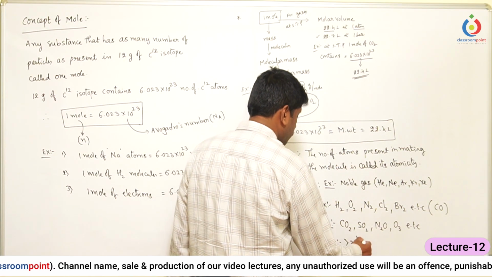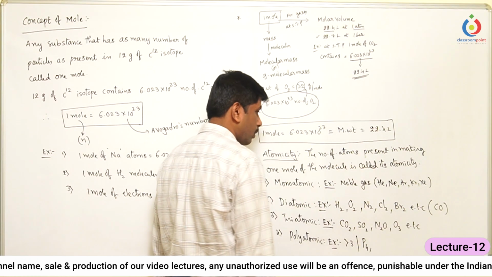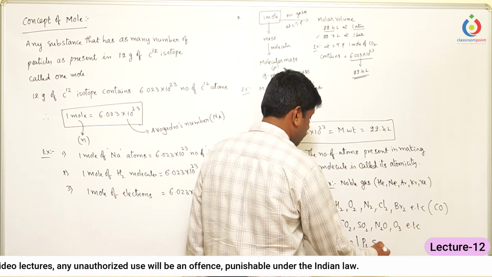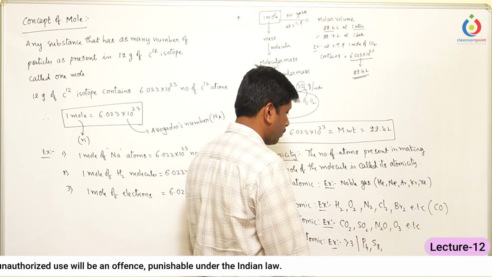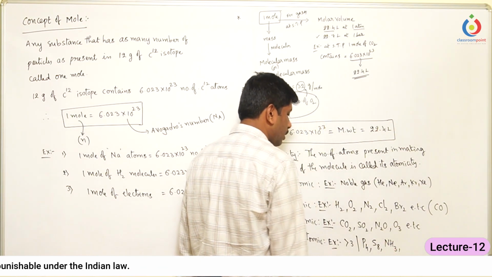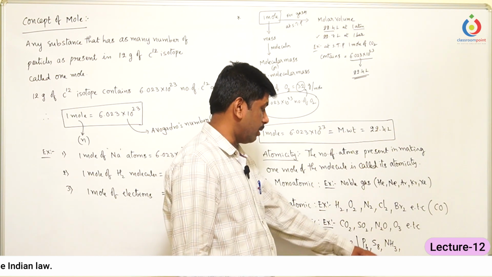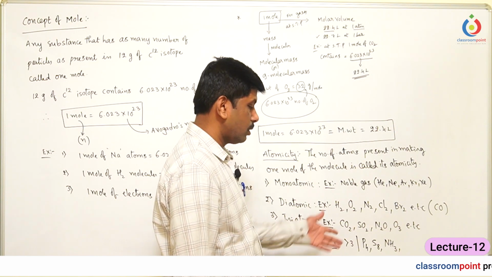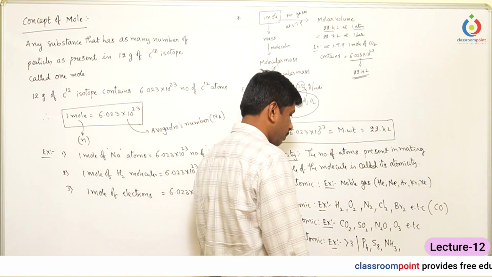Let us take them. Phosphorus, P4, is tetraatomic. Sulfur, S8, is octaatomic. Now let us take NH3, ammonia. It has 4 atoms, 3 hydrogen atoms and 1 nitrogen, totally 4 atoms, so it is also tetraatomic.